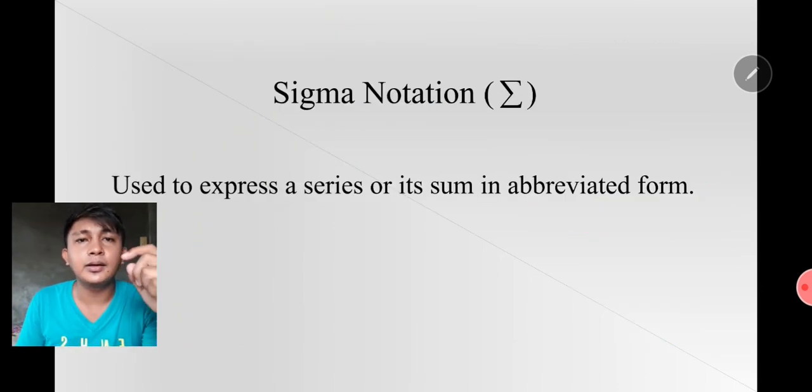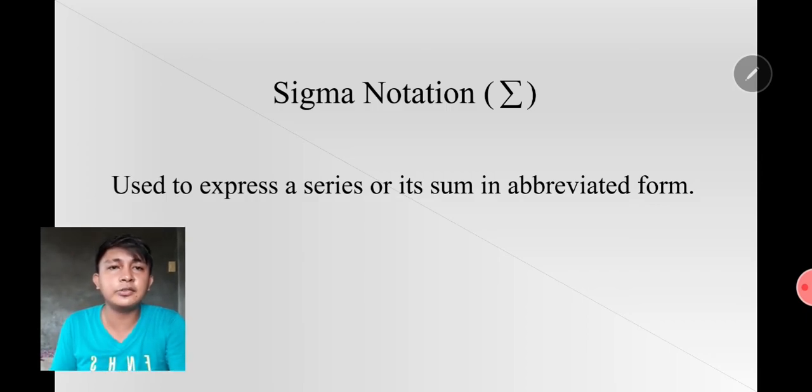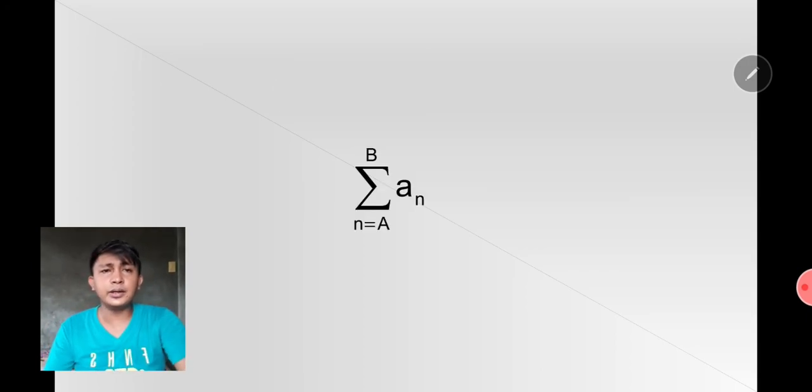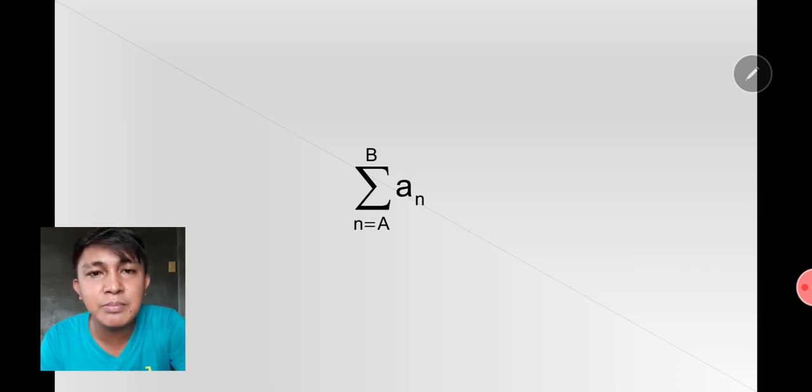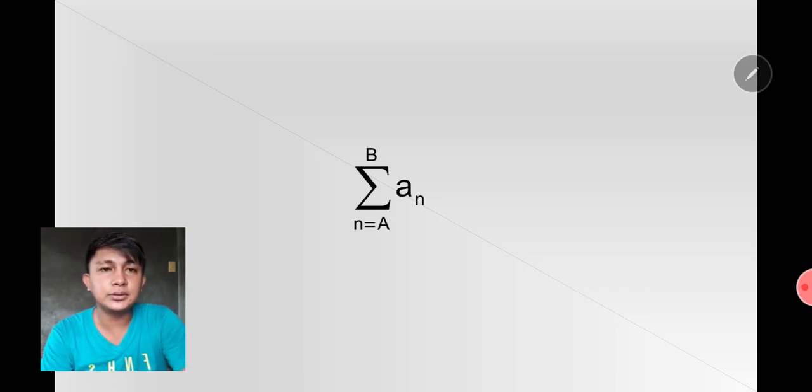Okay, next. So, how do we express series in abbreviated form? So we have this symbol, parang E or the sigma notation. That is what we call the sigma notation. So that is read as the sum of a sub n, where n is equal to a up to b.